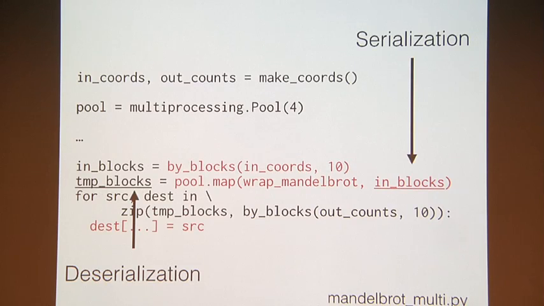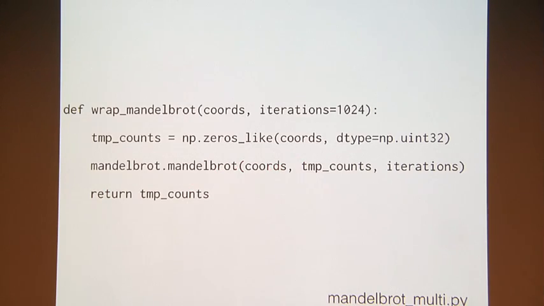In a second, okay? Here's the wrapped Mandelbrot, just for completeness. Because for the low-level Mandelbrot function, we were passing in two arrays, an input array and an output array. I need to create a temporary output array, because the workers get this block. They don't have the out counts array back on the driver. It needs to create a place to put its result. That's what temp counts is.